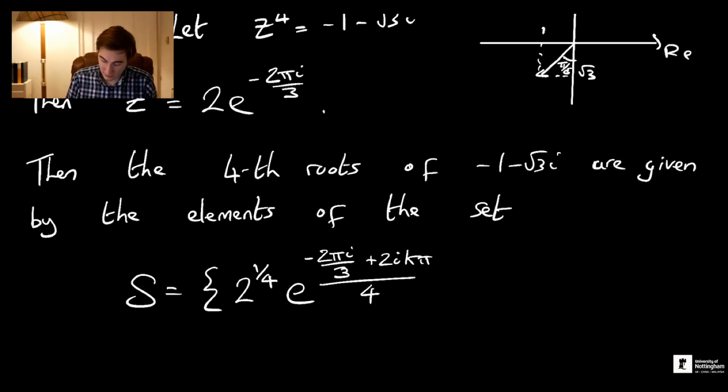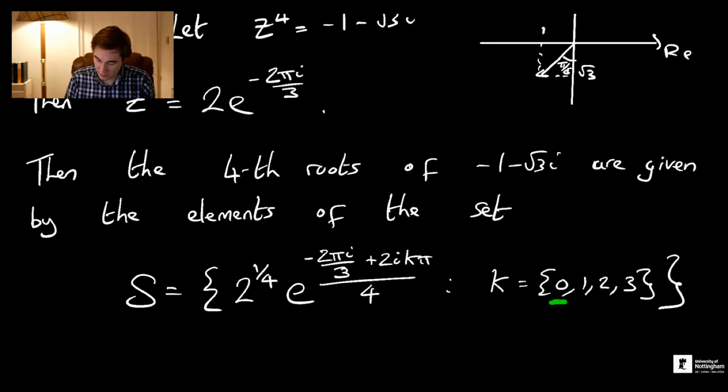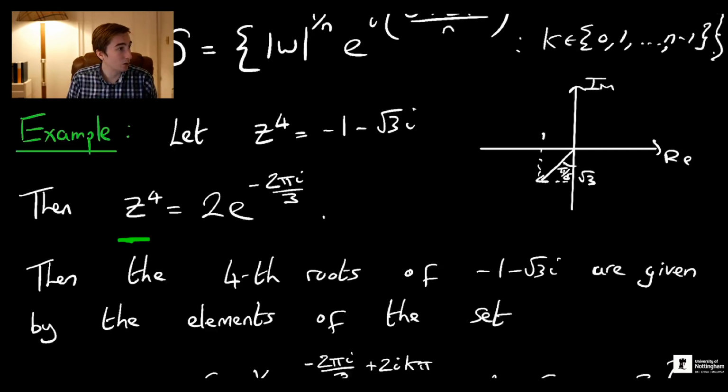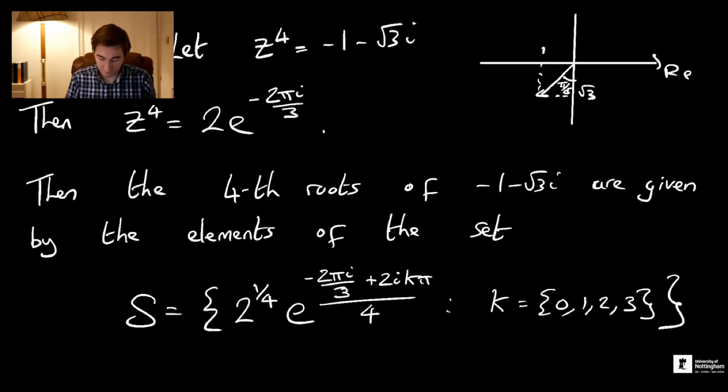So that is our solution set now, right? And we just want to define where k is. So k here is running from 0, 1, 2, and 3, which is exactly our 4 solutions, right? So we get our first solution, our second, our third, and our fourth solution corresponding to 4 different values of k. So indeed, this polynomial, which has degree 4, has 4 solutions.